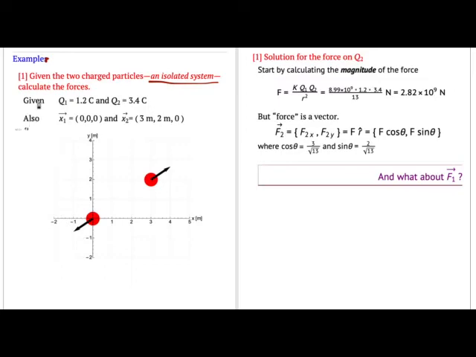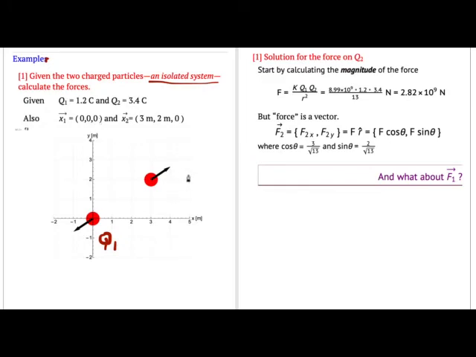And we have to know the positions. Well, let's say x1 is at the origin of the coordinate system. So the coordinates of Q1 are 0, 0, 0.